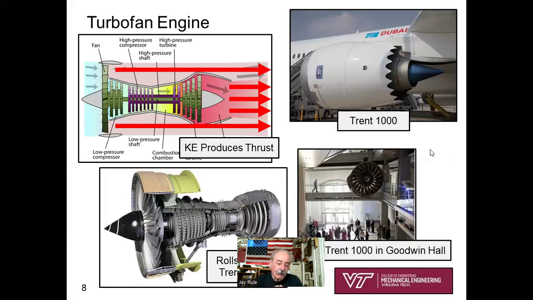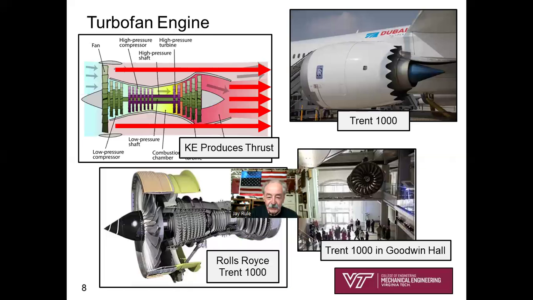Another type of aircraft engine would be called the turbofan gas turbine engine. Well, let's see, as I move my picture around, let's start at the bottom right. If you go to Goodwin Hall, it's going to smack you in the face if you look upwards to see the Rolls-Royce Trent 1000 engine that's suspended, and to some extent a cutaway view of that engine right there in Goodwin Hall.